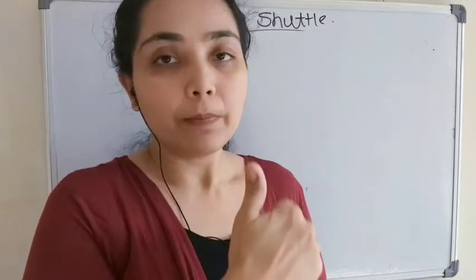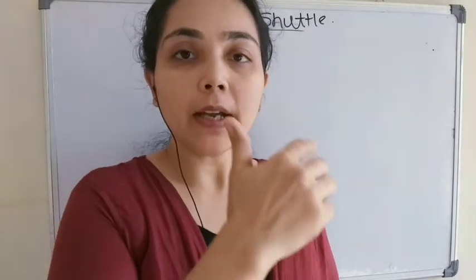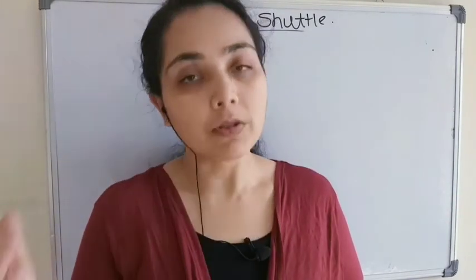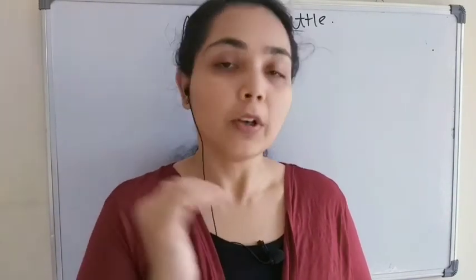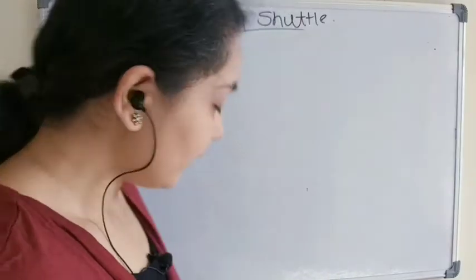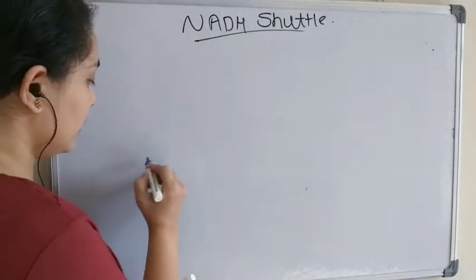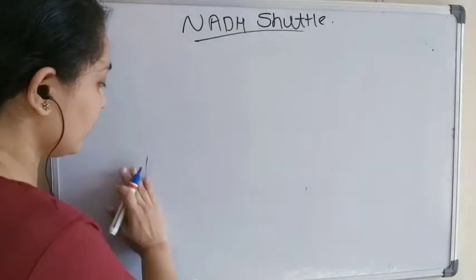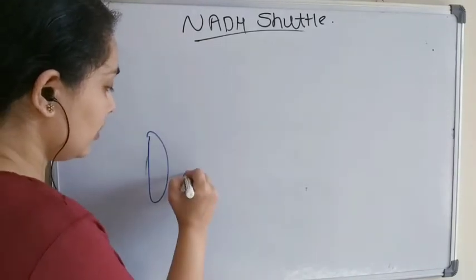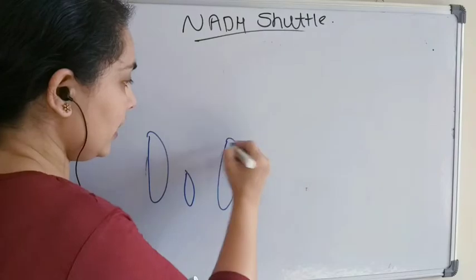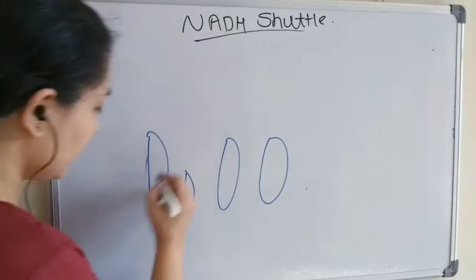We learned in my previous lecture series about the electron transport chain and oxidative phosphorylation. What is happening in the electron transport chain? There are 4 complexes in the electron transport chain: complex 1, 2, 3 and 4.